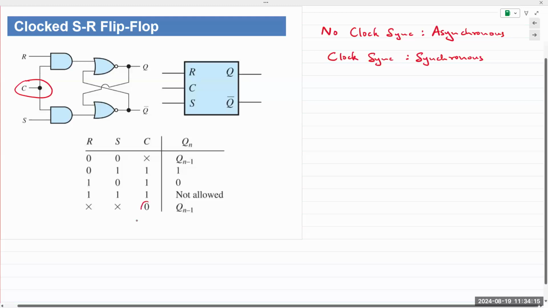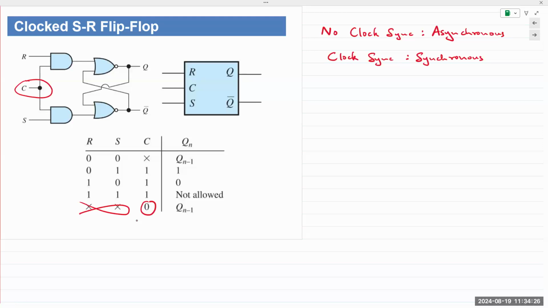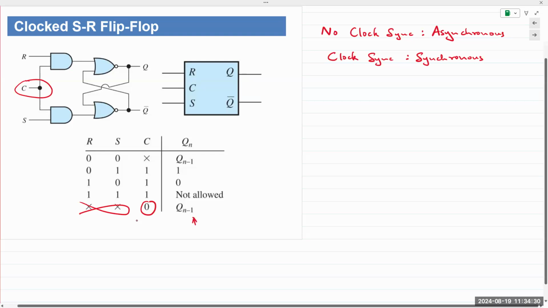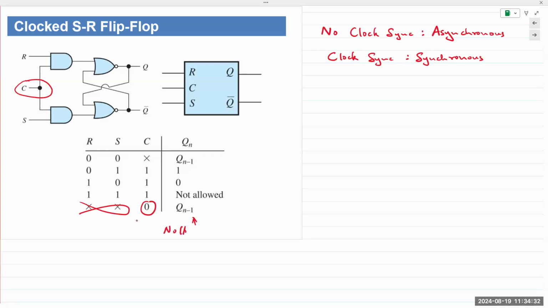If the clock is not present or it's 0, then it doesn't matter what the inputs are. If there is no clock, the output always stays in the previous state. No clock, output is previous state.